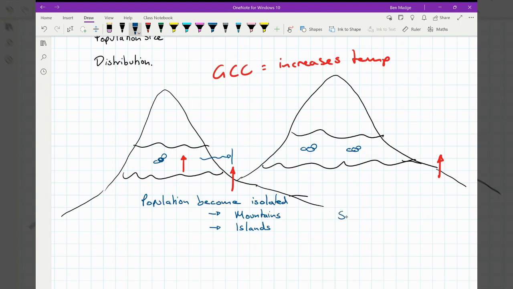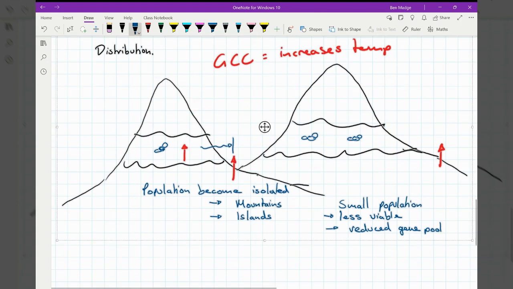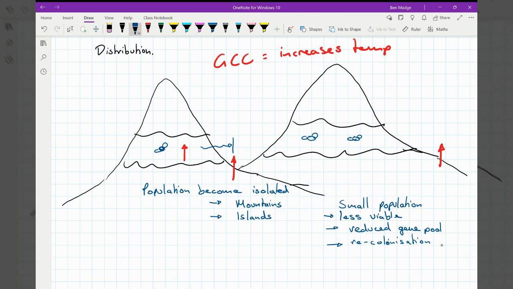So small populations are less viable, in part due to things like reduced gene pools. There may be no opportunities for recolonization if there is a local extinction.